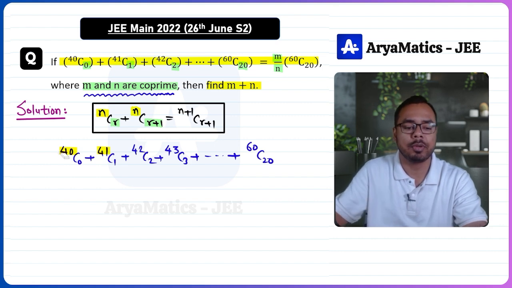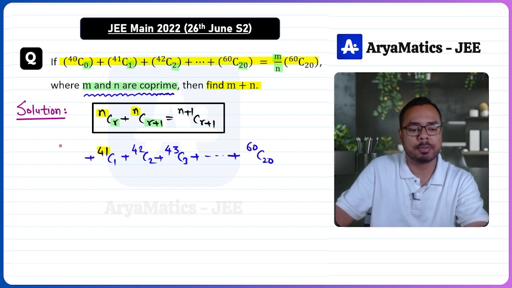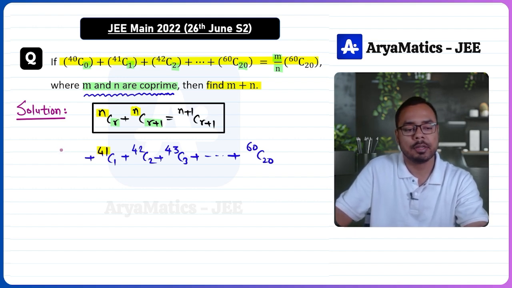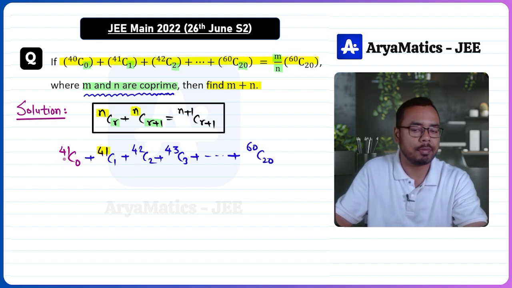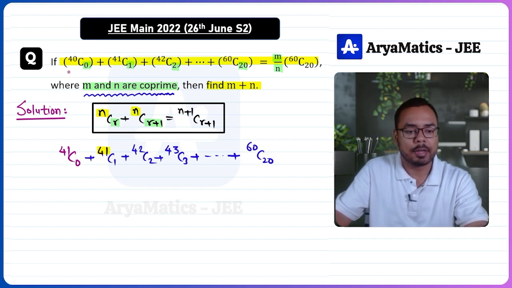So for that, we are going to use one interesting trick: 40C0 will be the same as 41C0. 40C0 or 41C0, those two are the same, and their value will be 1. NC0, whatever be the value of n, is always 1. So instead of 40C0, I'm writing 41C0.